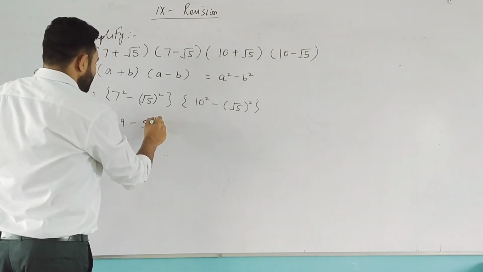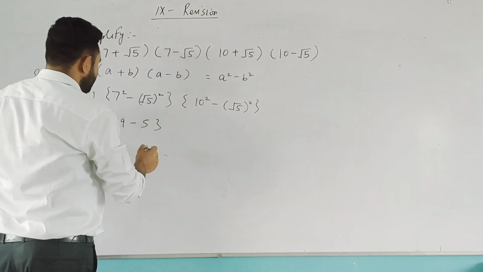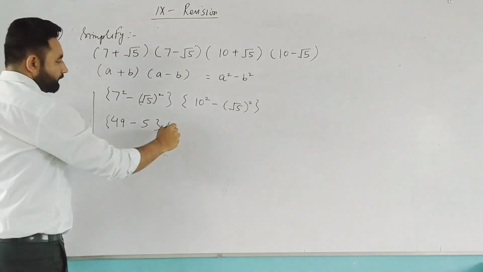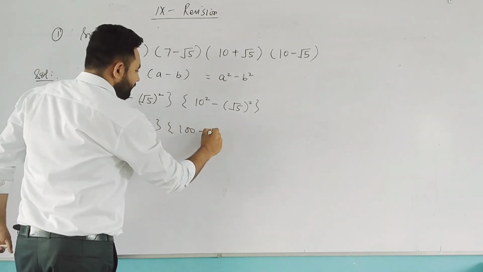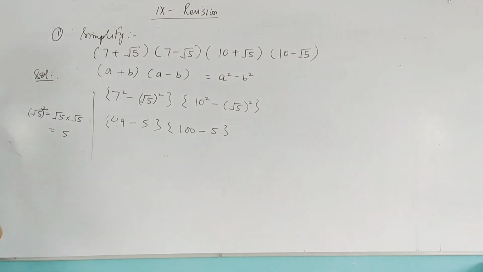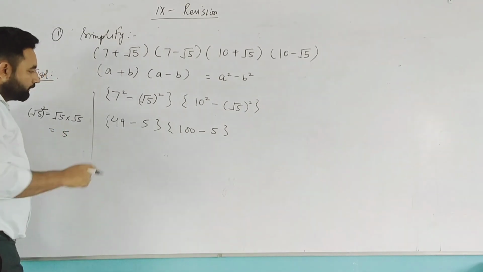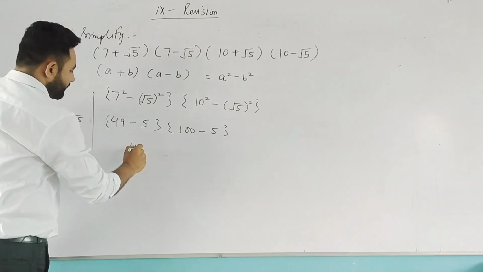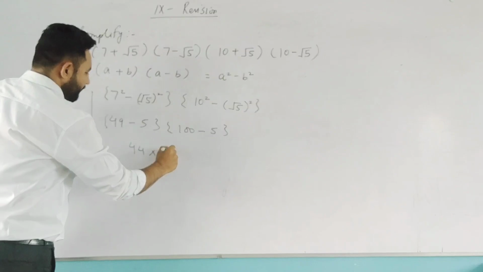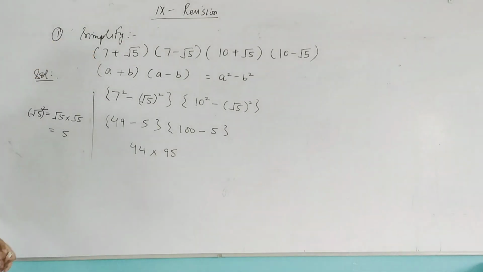Now here it becomes 49 minus 5, and in the next bracket it becomes 100 minus 5. So 49 minus 5 becomes 44, and 100 minus 5 becomes 95. Now do the multiplication of these two.